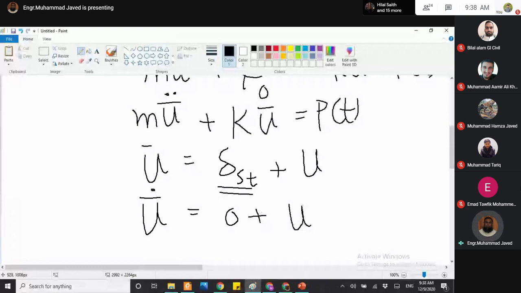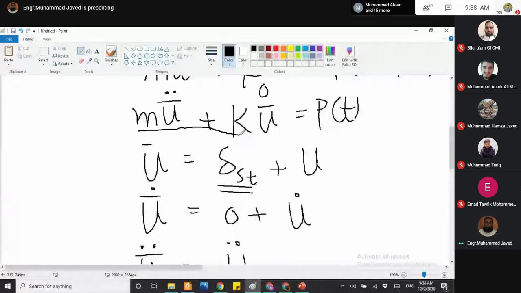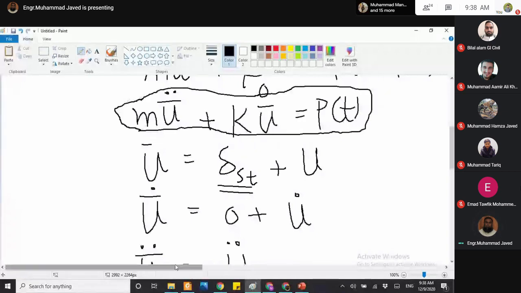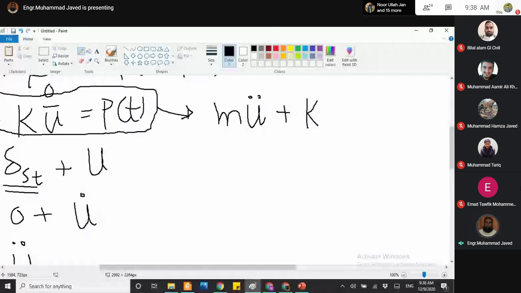If we differentiate it once again, we will get u bar double dot is equal to u double dot. Now insert these values in this equation, and you will get m u double dot plus k into delta ST plus u is equal to P of t.